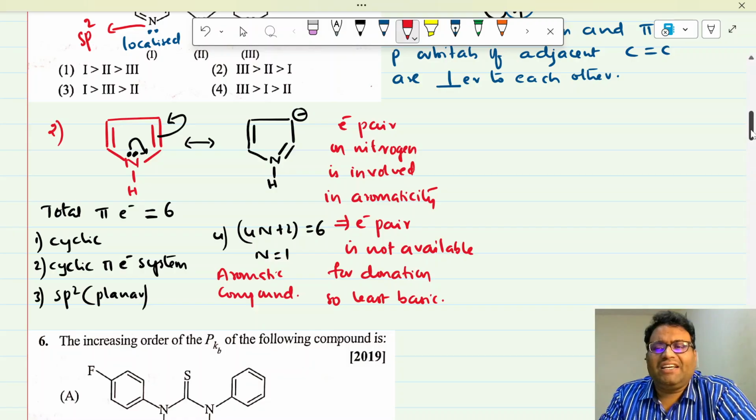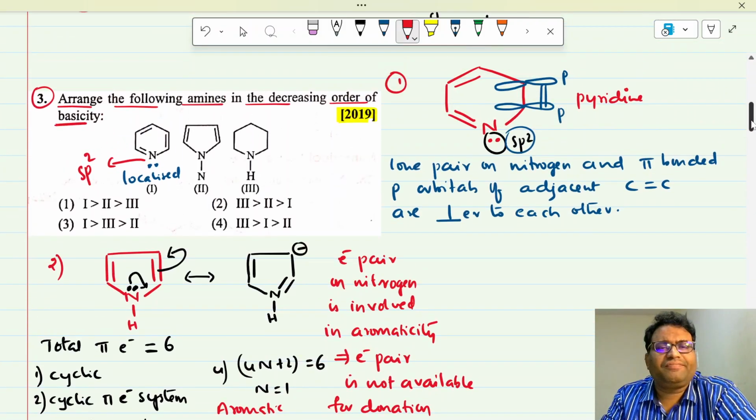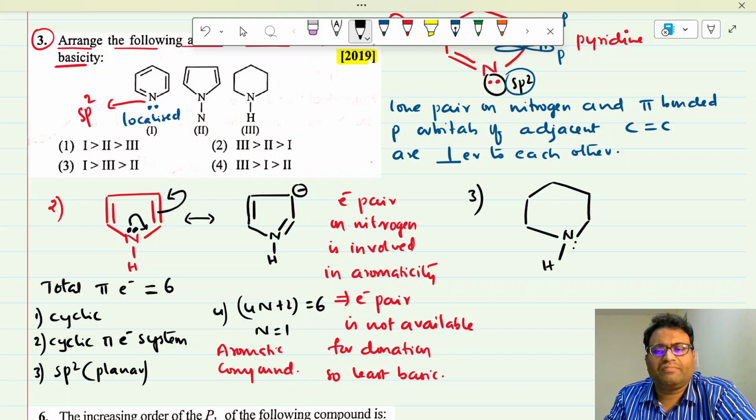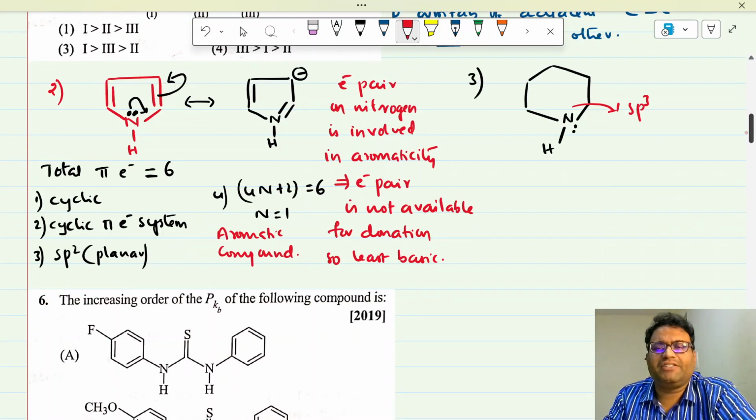Let us see the third molecule. What is given in here? What is the hybridization of this nitrogen? Nitrogen is sp3 hybridized. From this direction you have CH2, and here you have CH2.